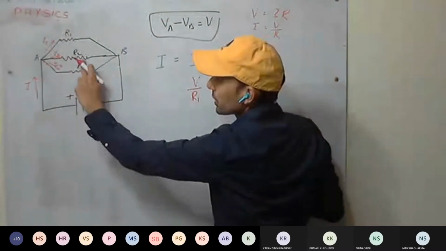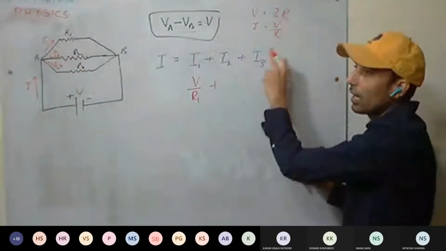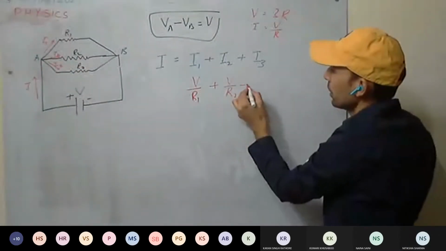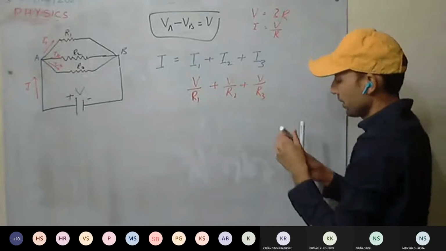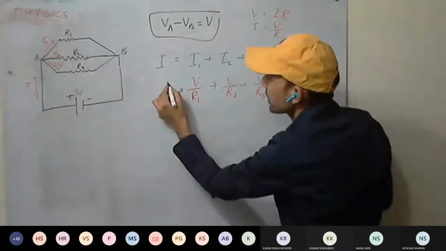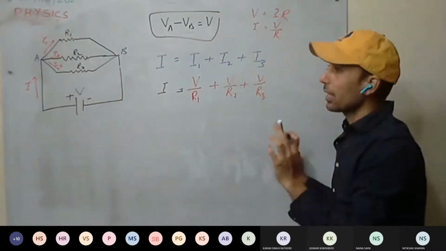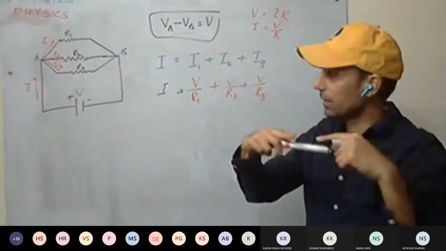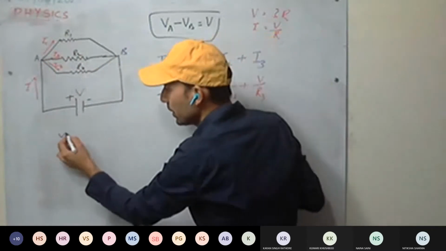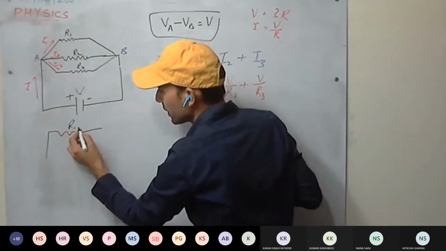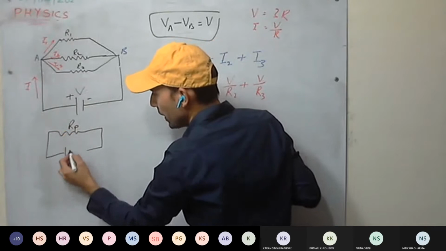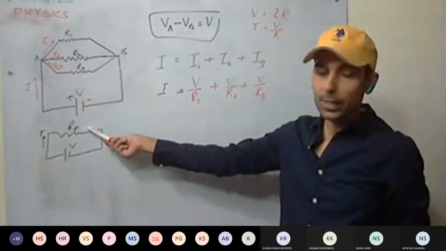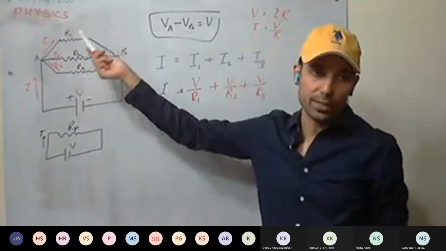I2 is V upon R2, because the potential difference is V, and I3 is V upon R3. The sum is I. Now, if we want to replace these three resistors in parallel by a single resistance, we represent it with RP, where P represents parallel. It is the equivalent resistance offered in this circuit.